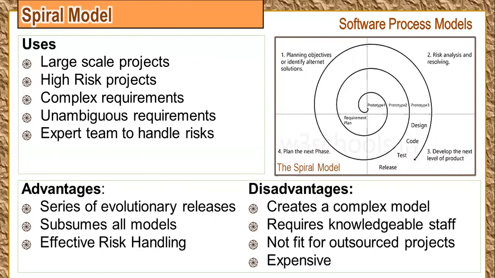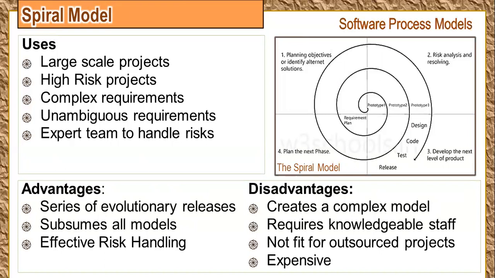Okay, now let us just focus on the diagram. The diagram says that this is a spiral model, where it appears like a spiral with many loops. The number of loops is unfixed due to the flexibility of the spiral model. The number of loops can vary from project to project.